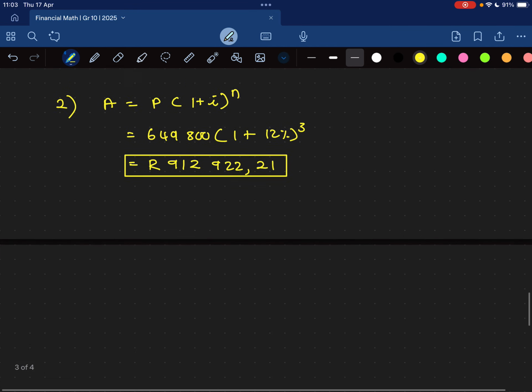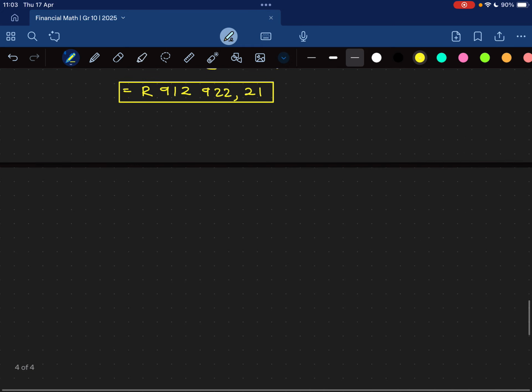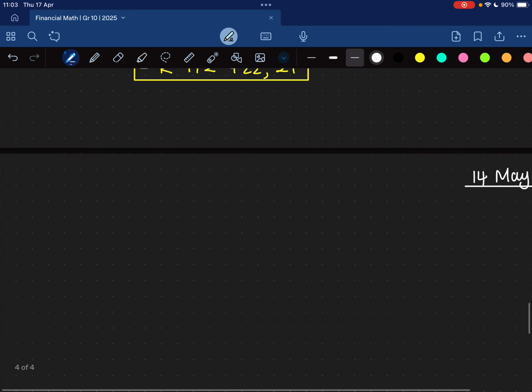Otherwise, after this, you can rule off. You can write the date, which is going to be the 14th of May. And your heading is going to be, we're still looking at simple and compound interest, but we're going to look at calculating the other values.